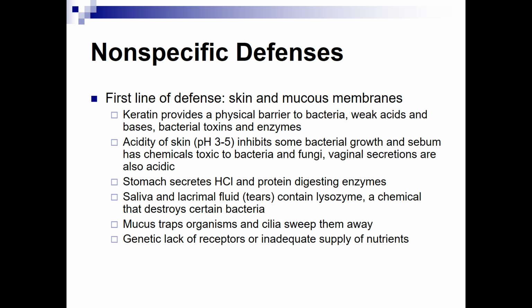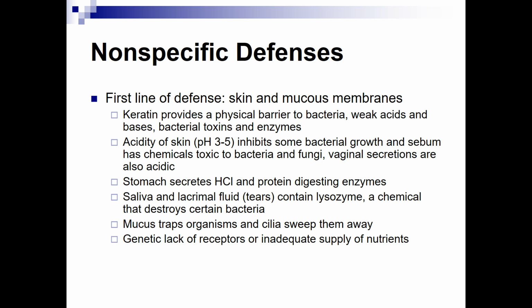Mucus secreted by the mucous membranes is going to trap organisms, and then some of our mucous membranes have cilia associated with their cells, like the ones in the trachea, the pseudostratified ciliated columnar epithelium. And so that's going to help sweep the trapped material up the trachea, up into the larynx and into the pharynx, so then we can swallow it down into our stomach.